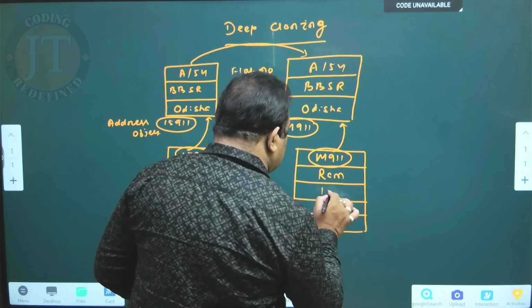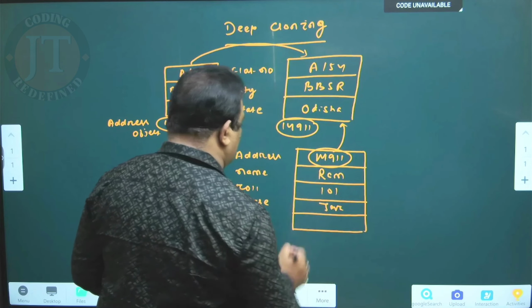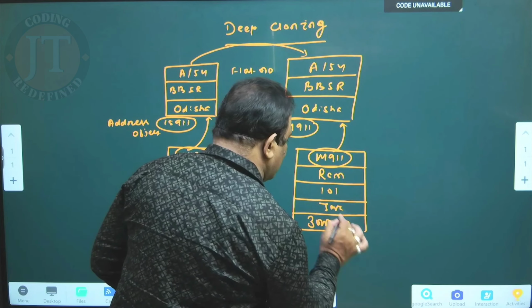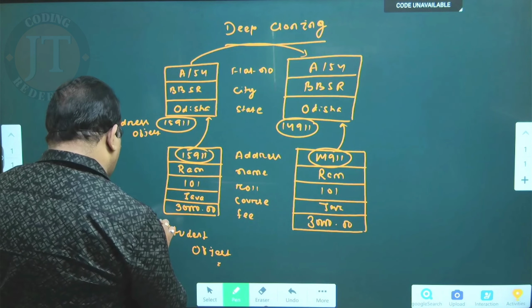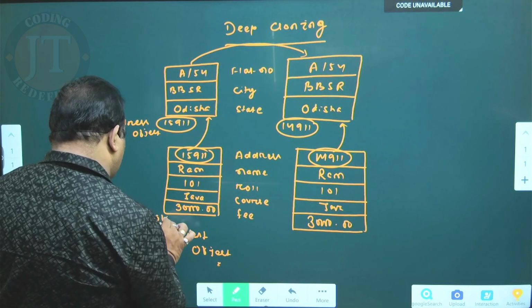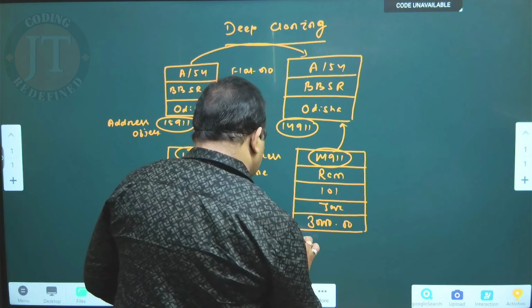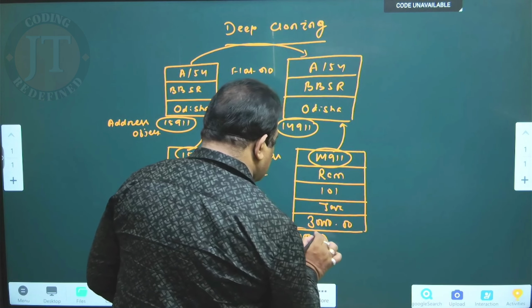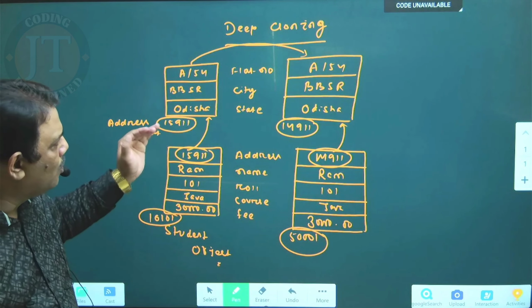The roll number is 101, the course is Java, and the fee is 30,000. If the base address of the original object is 10101, here the base address is different. This concept is called deep cloning.